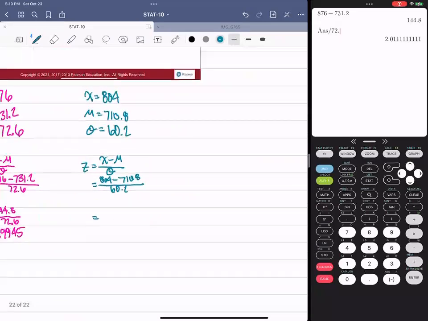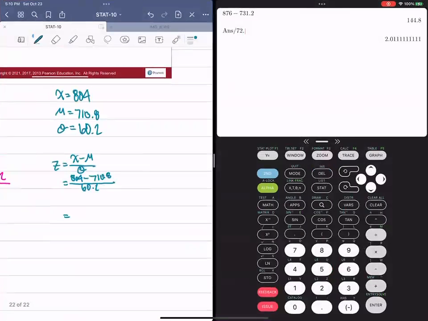Subtracting those two values in the numerator, 804 minus 710.8 gives 93.2, and we're dividing that by 60.2.